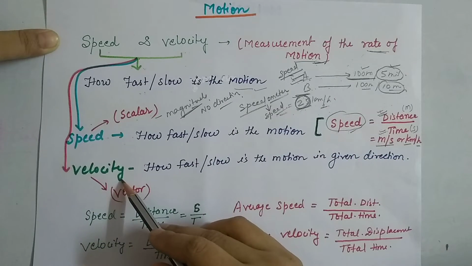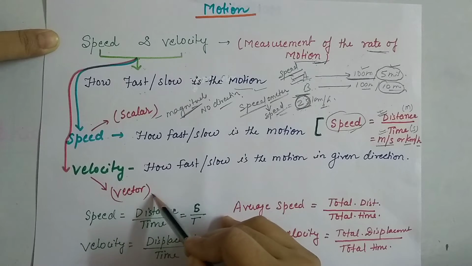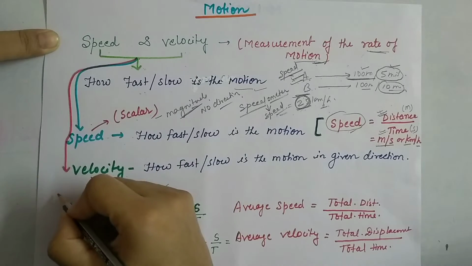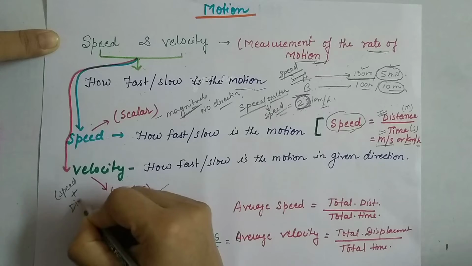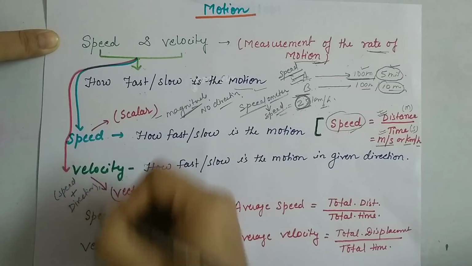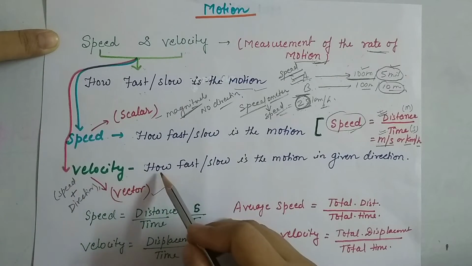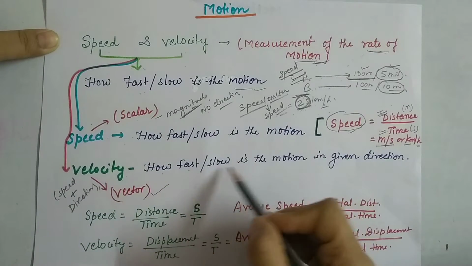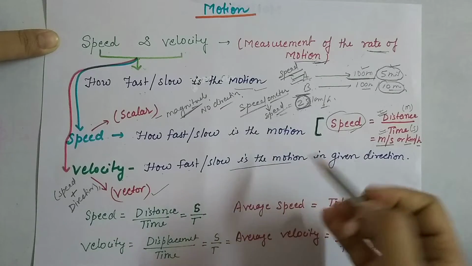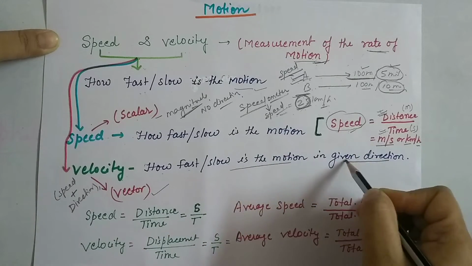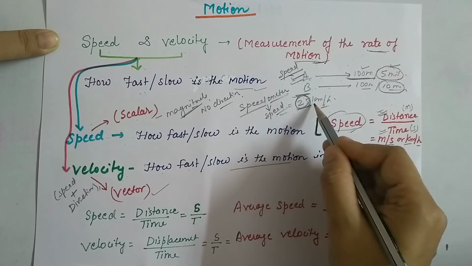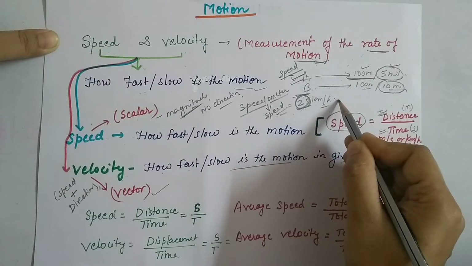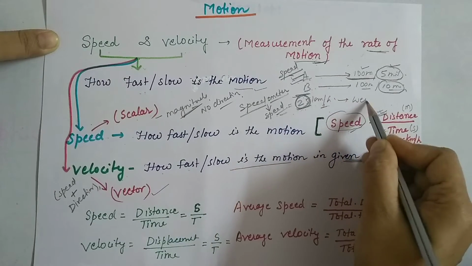Now velocity. Velocity is a vector quantity, meaning speed with direction. It also shows how fast the rate of motion is in a given direction. In a given direction means the car is moving 25 km per hour in the west direction.